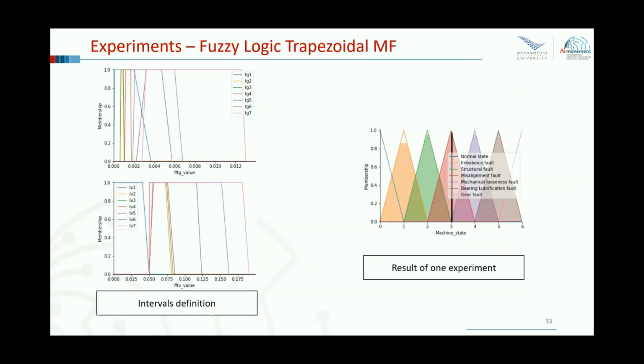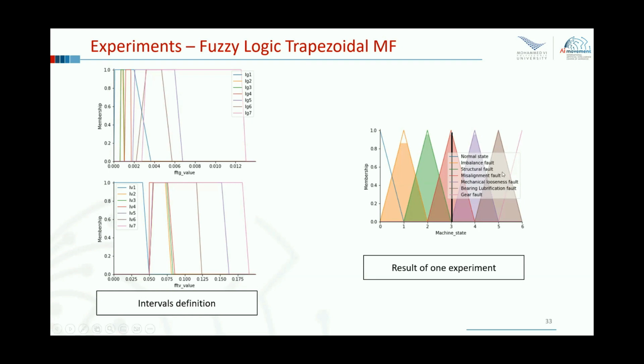Passing to the trapezoidal membership function. As you can see here, the input definitions: this corresponds to the acceleration spectrum, and this one is for the velocity spectrum. As you can see, it preserves the connectivity between intervals and covers much more range for each interval.